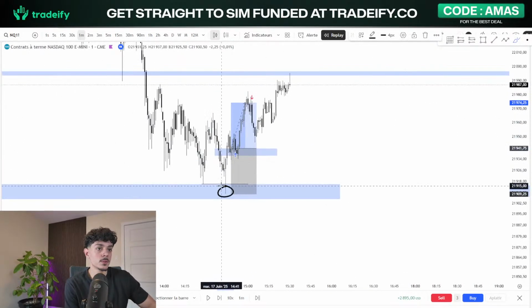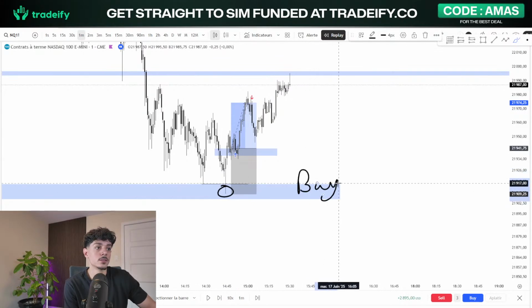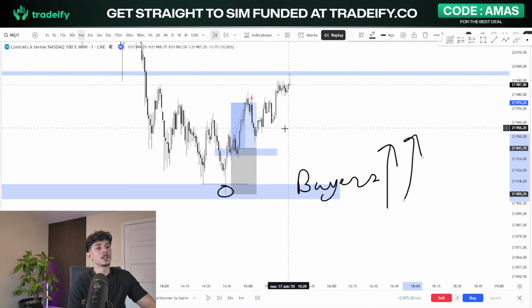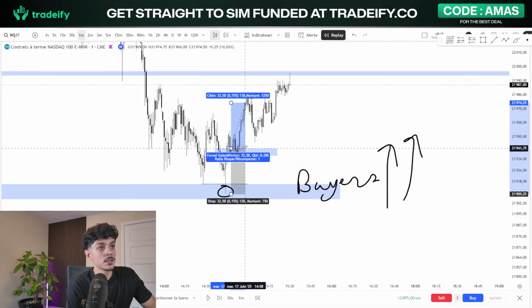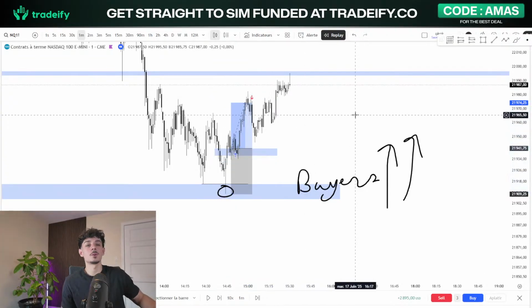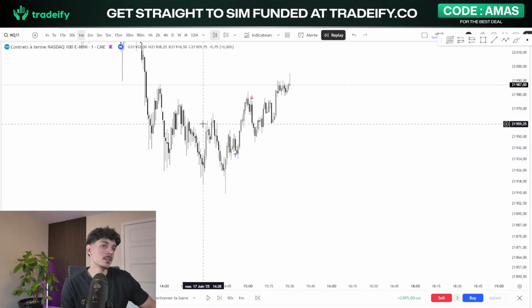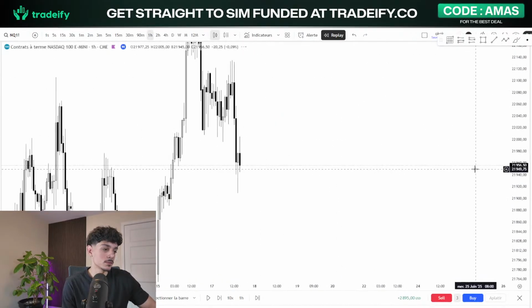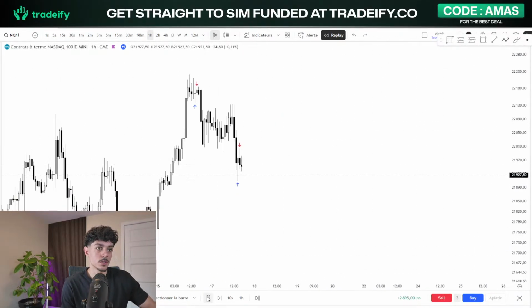Perfect sweep, can't close a single candle inside of the gap. So I know the buyers are right here. They're applying pressure. Let's say if you trade ICT, you would be against me talking about buyers and sellers, but it's the best way to explain stuff.